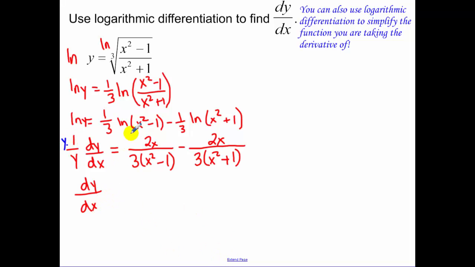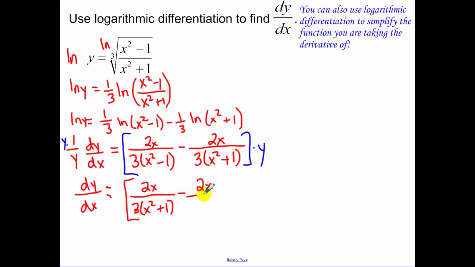Then I'm going to go ahead and substitute in what y was. Y in our original equation was equal to this.